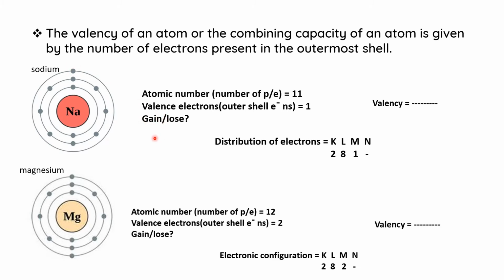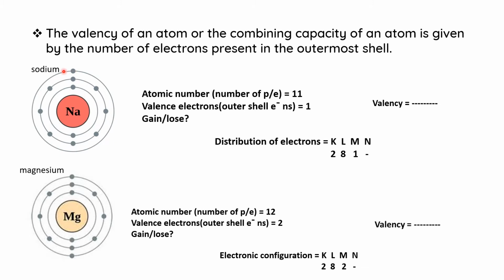Next, for getting stability, this sodium atom has to react with other atoms. So if the valence electrons gain or lose, then it will get stability.